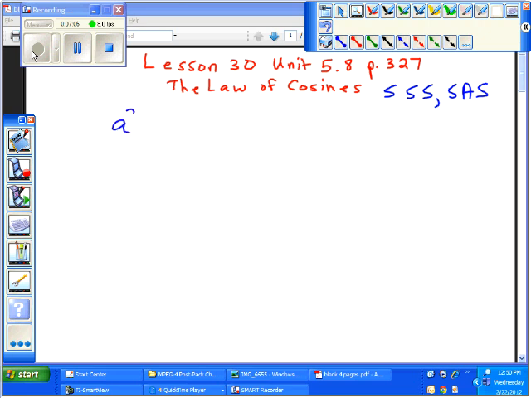The law of cosines says a squared is equal to b squared plus c squared minus 2 times b times c times the cosine of angle A. A squared equals b squared plus c squared minus 2bc cosine A.